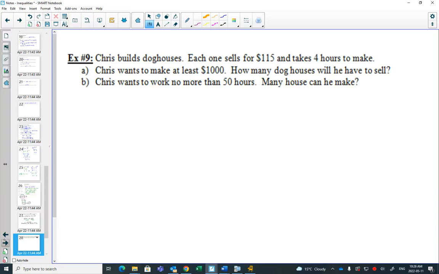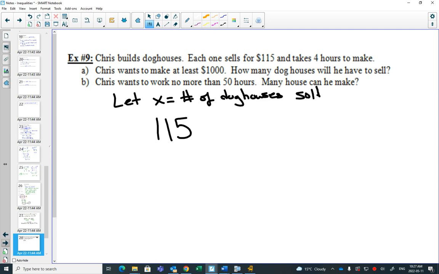So, first of all, one dog house sells for 115. What are we going to let x equal? Number of dog houses sold. So 115 times x is how much money he wants. He wants to make at least $1,000, so I have 1,000 on this side. What inequality sign will I put in the middle?